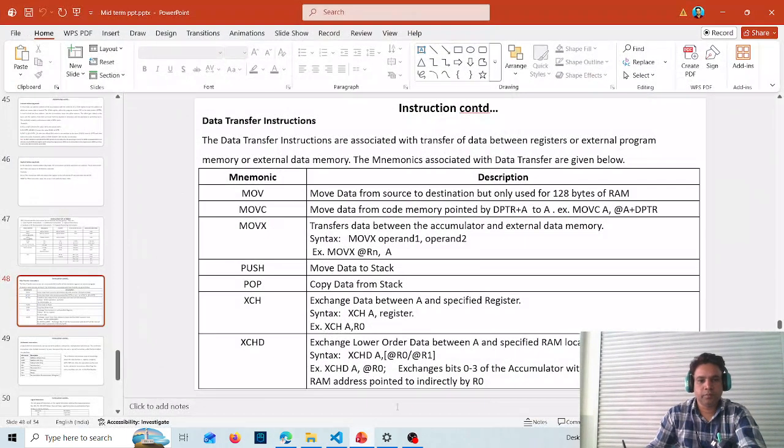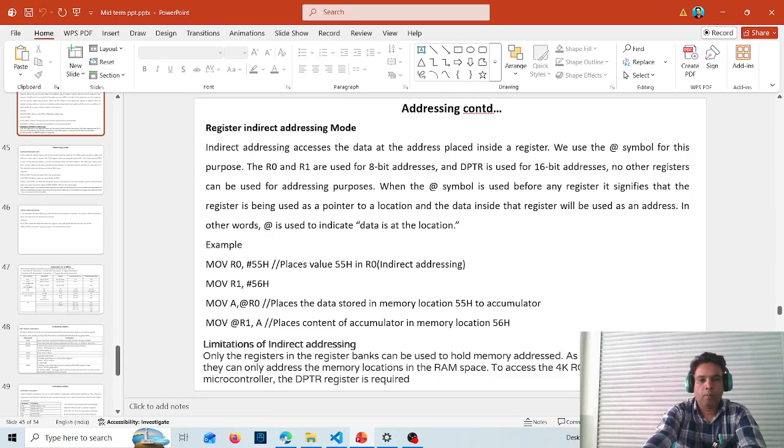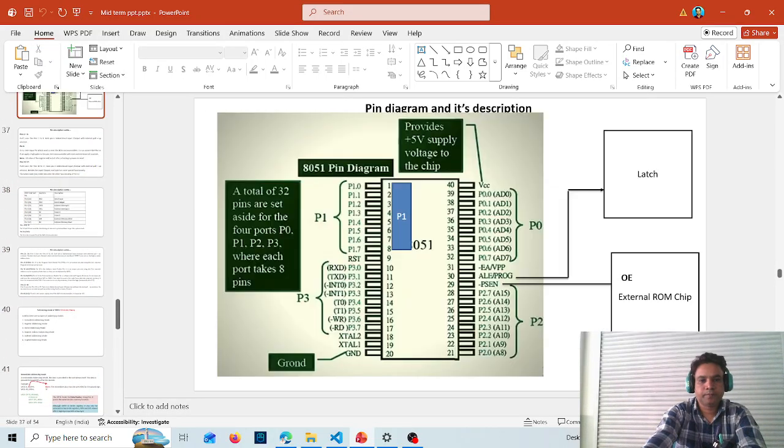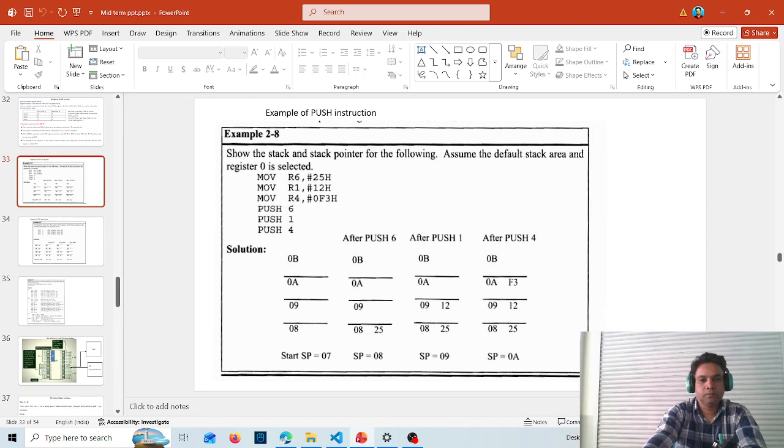One example is given here. The first instructions are MOV R6, #25H, MOV R1, #20H, MOV R4, #0H. And suppose I have written here push 6.